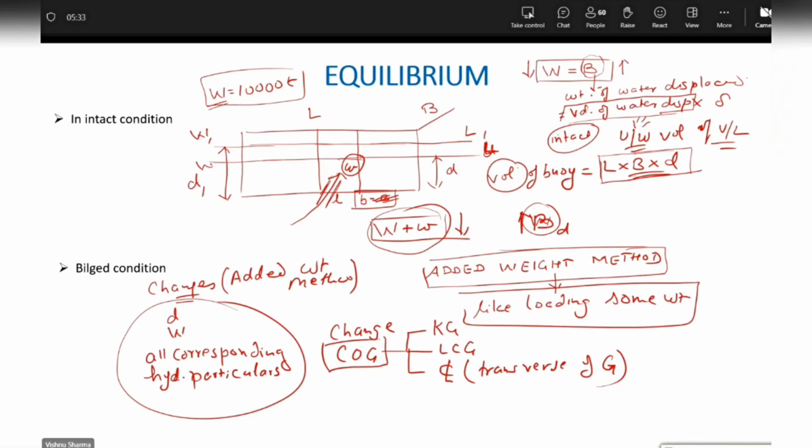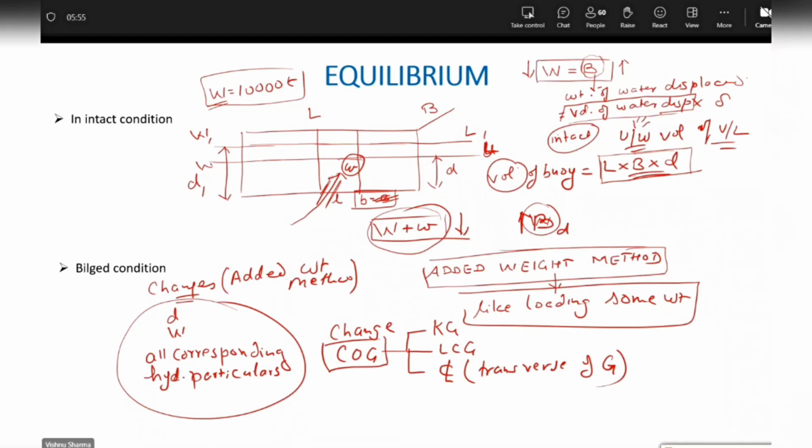Yes, sir. Okay. Why I'm asking you is if it comes in theory or there is an engagement during orals, then you should not be fumbling. You should be able to express yourself in your own words without messing it up technically. So this method is called the added weight method.